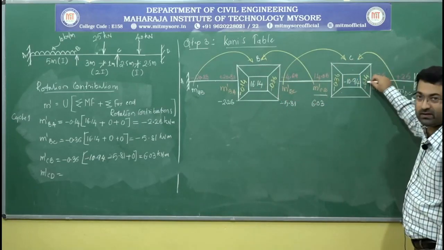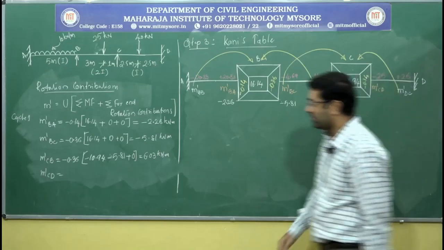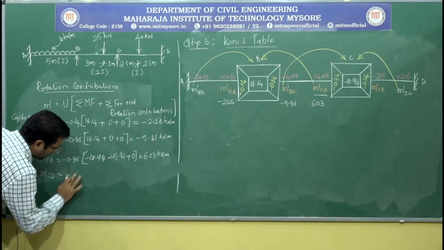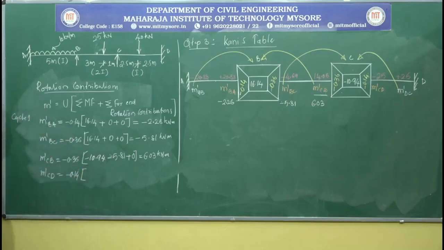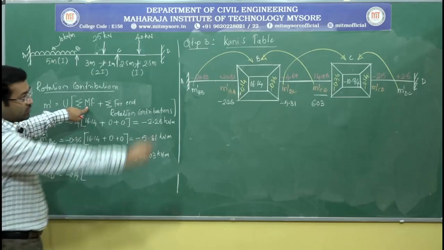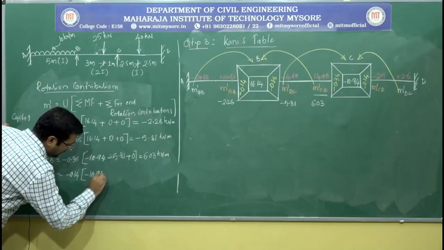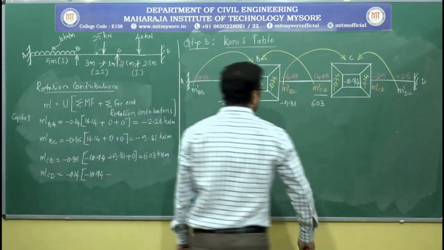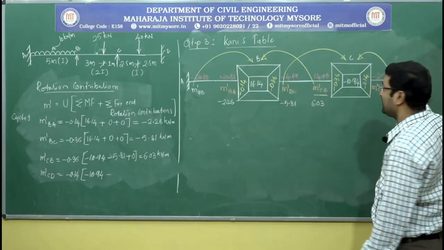So for the CD member, the rotation factor is minus 0.14 into the algebraic sum of fixed end moments at the joint C, it is minus 10.94. Okay. Then the far end rotation contributions for joint C, M dash BC and M dash DC.